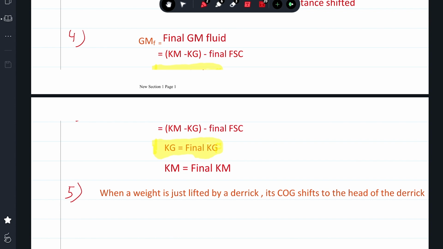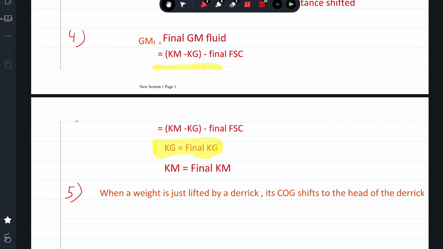From 5 to 20 means it is as if the cargo has shifted vertically upward by 15 meters. So 15 meters is a shift vertically upward of the cargo's center of gravity. We are going to use this to calculate the final KG. This will affect the KG of the vessel.